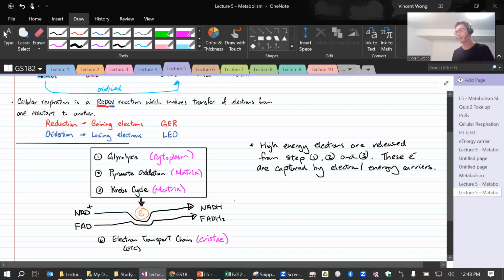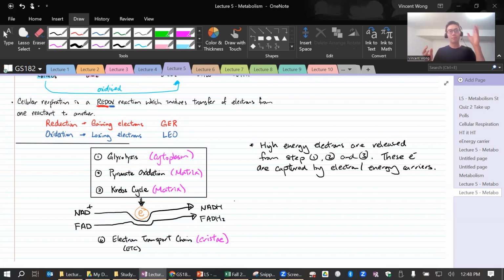Now I'm skipping some of the details, right? It's already very complicated. So never mind where the H comes from. What you need to remember is before they pick up the electron, we call them NAD plus and FAD. After they pick up the electron, we call them NADH and FADH2.